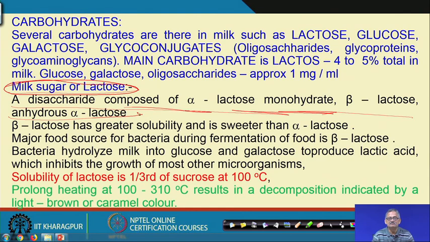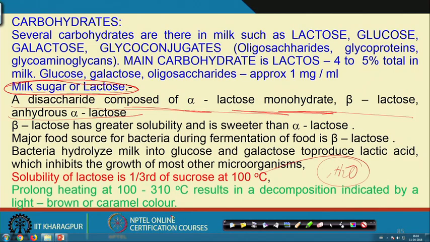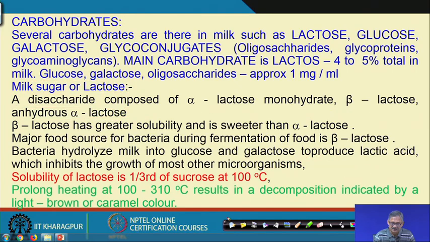Lactose with 1 H2O as hydration is the monohydrate, whereas anhydrous beta lactose means there is no H2O associated with it. Beta lactose has greater solubility and is much sweeter than alpha lactose.